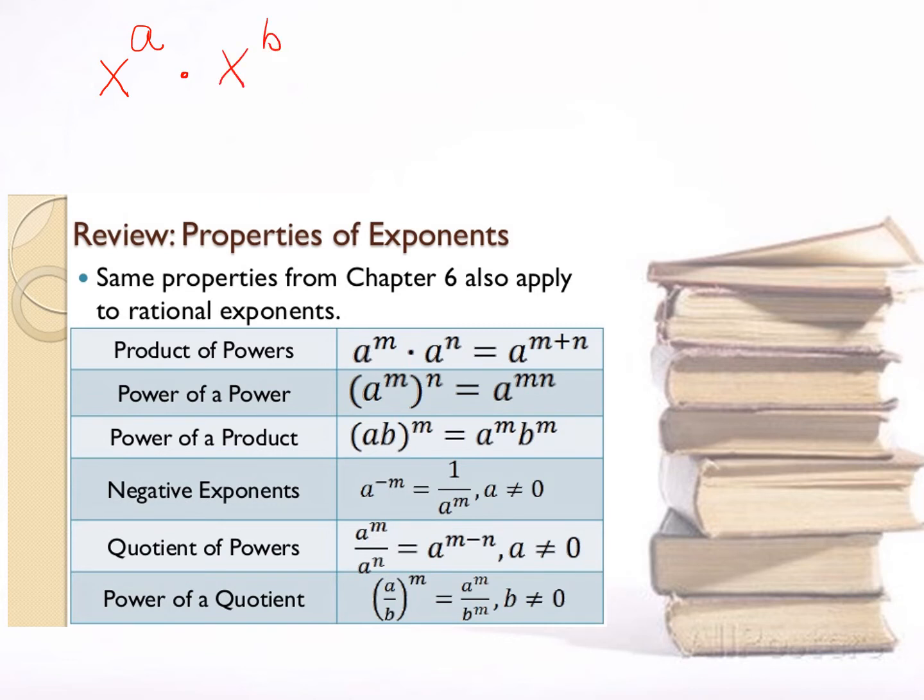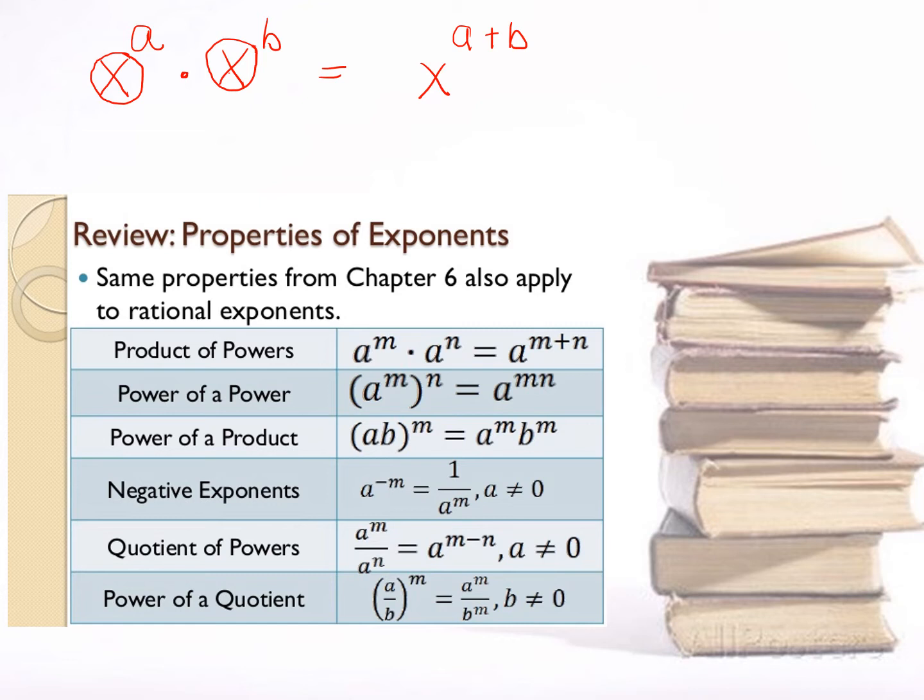What is important, or what have you noticed, is that the bases are alike. This is the base, so this is x. This is the base, so this is also x. So what you will do, you will write the base only one time, and since they are multiplying, you add the powers. So you will write a plus b.